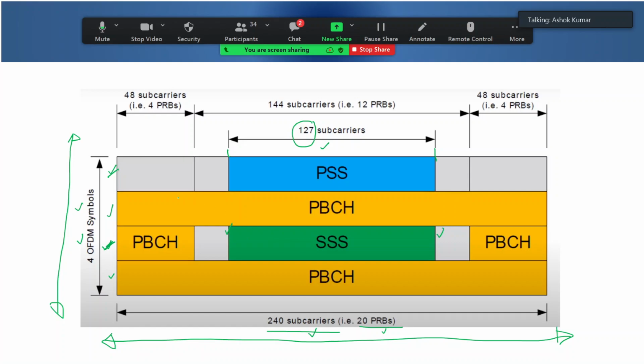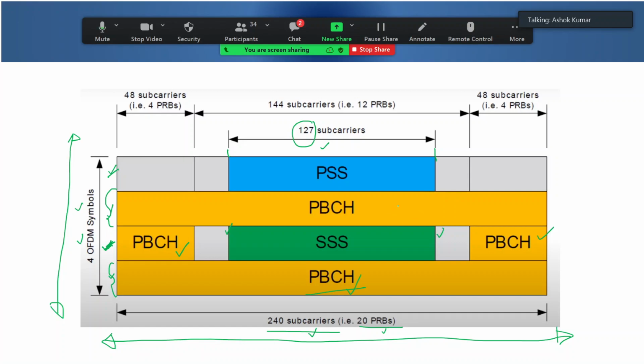In the rest of the locations, the entire set of subcarriers in these symbols is for the physical broadcast channel, PBCH we call it. In this symbol also, all 240 subcarriers will have PBCH, and PBCH will also be there in the symbol where we have SSS, 48 subcarriers here and 48 subcarriers here.